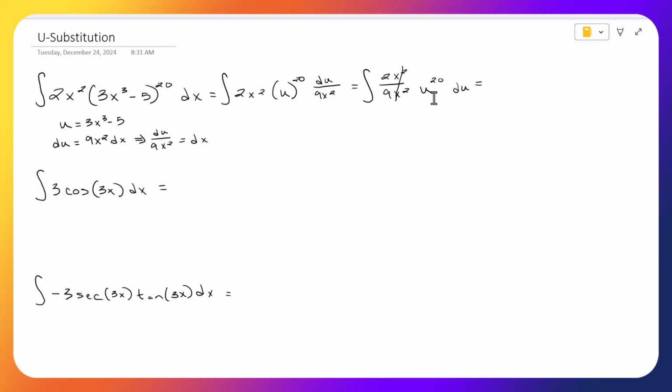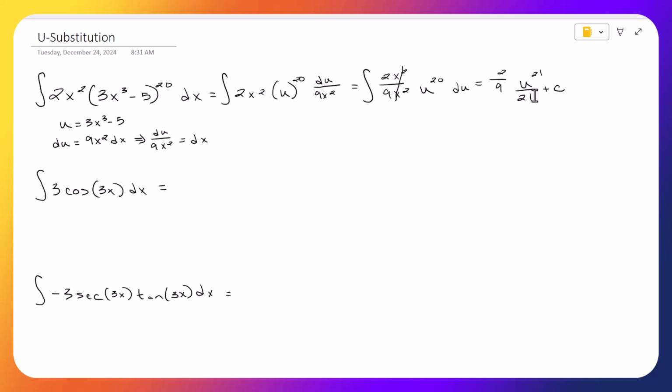Well, this is just our integral power rule. What am I going to do? Well, I'm going to take this exponent, add 1 to it. So we're going to have u to the 21. So we have 2 over 9, and dividing by our new exponent, dividing by 21, and that plus c. And there's our integral.